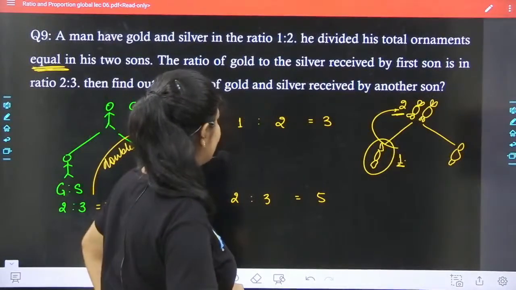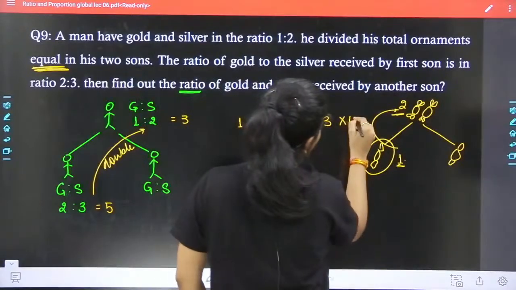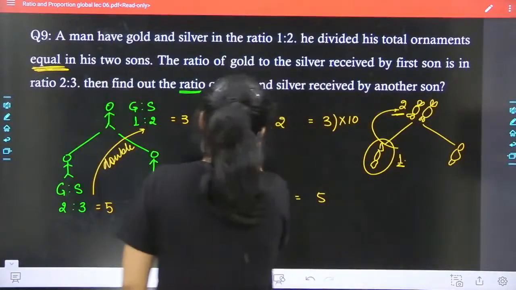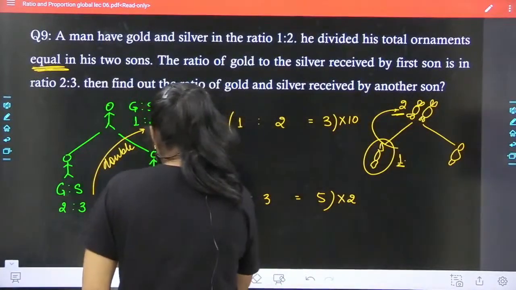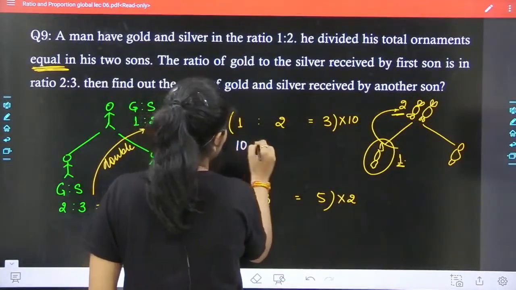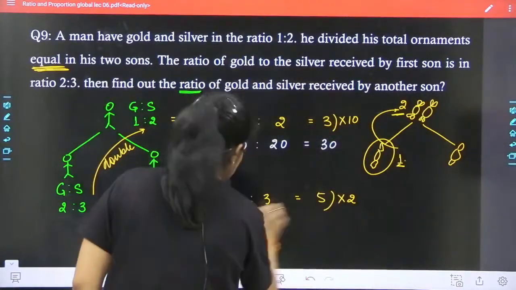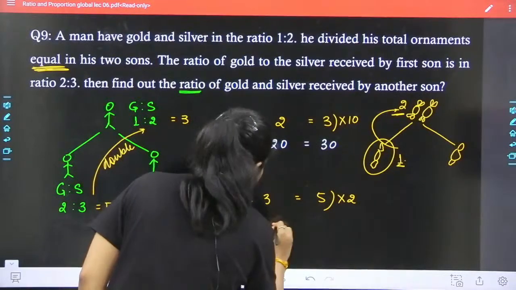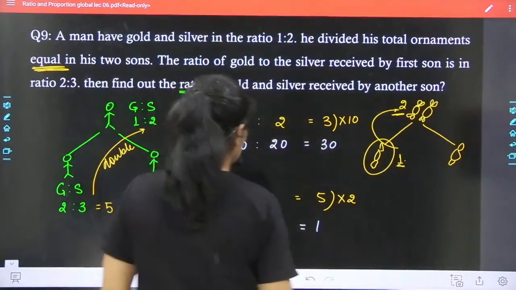So I just simply multiply this term by 10 and this term by 2, and I'll get my new ratio as 10:20, that is equal to 30, and I'll get here 4:6 ratio, that is equal to 10.